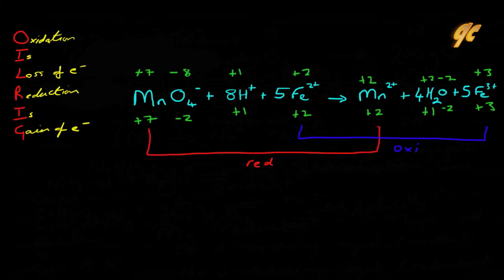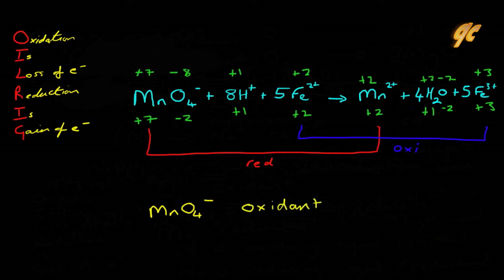If you remember from earlier, the substance that is reduced is the oxidizing agent. So in this example, the permanganate ion is the oxidant as it's been reduced.